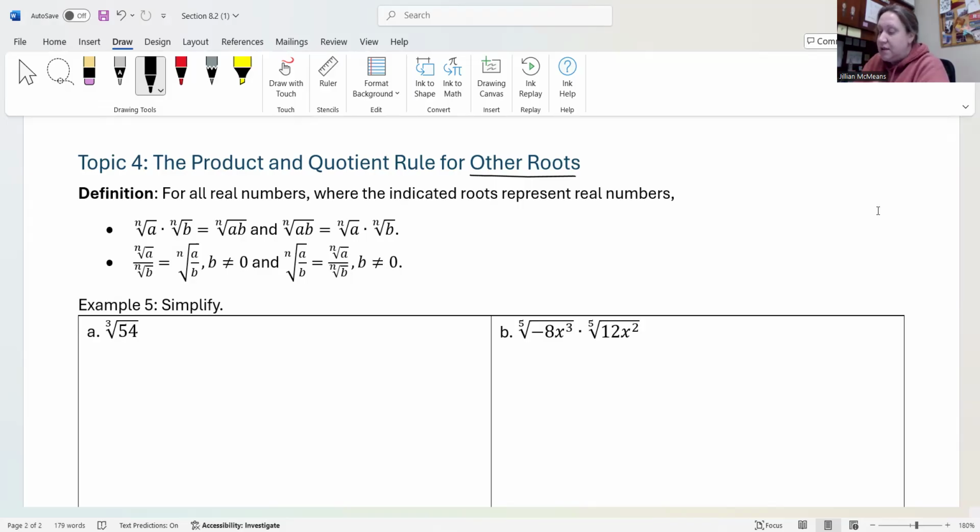So what does this mean? Well, we have to go back to the previous worksheet. When we have an index other than 2, so you can have an index that's higher than 2. 2 is just a square root, and then you could have an index of 3, 4, 5, 6, 7, whatever. If n is even, A and B must be non-negative.